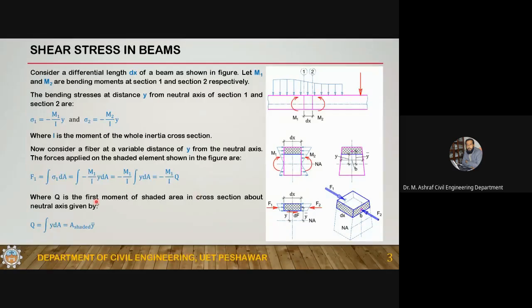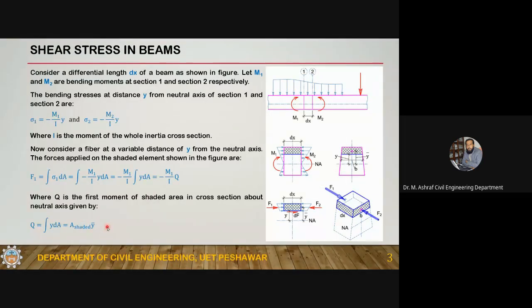Now you can calculate the first moment of area Q either as this integral, or as A shaded into y bar. You can see this is the centroid of this shaded area. This is the neutral axis, so the distance between the centroid of the shaded area and the neutral axis of the cross section is y bar, and A shaded into y bar will give you the first moment of area.